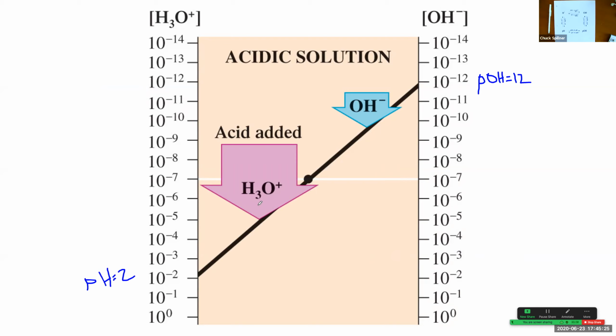Another way to describe an acidic solution is that the H3O plus concentration is greater than 1 times 10 to the minus 7th. So there are lots of different ways to describe a solution as being acidic or basic in terms of pH, pOH, hydronium ion concentration, or hydroxide ion concentration.